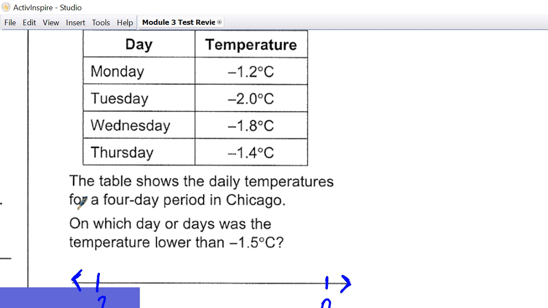I'll put -1 in the middle. And I'm just going to place these numbers where I think they would go. -1.2 would be just a little bit past -1. -1.2, and I'm going to put a dot there. And then I'm going to put -2 over here. -2.0 is the same as -2 wholes. -1.8 is almost out to -2. And I've got -1.4.